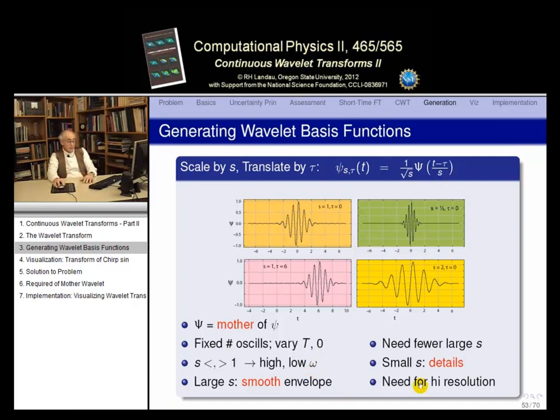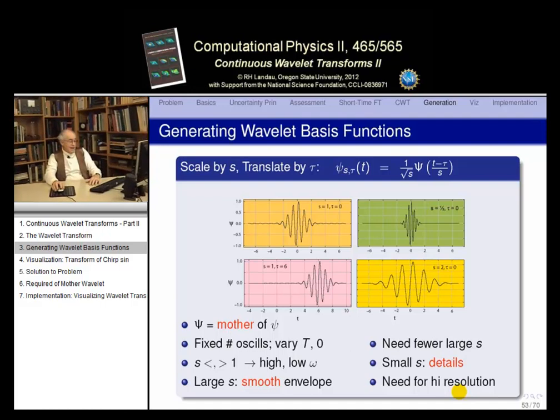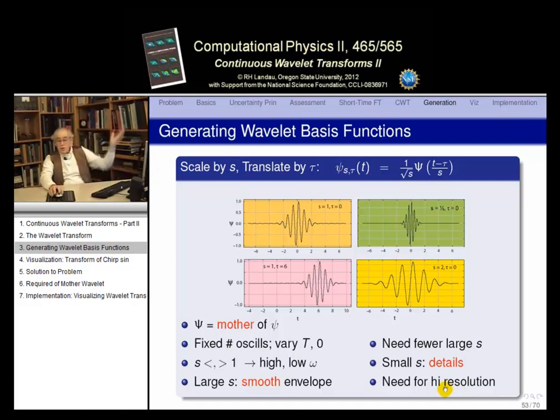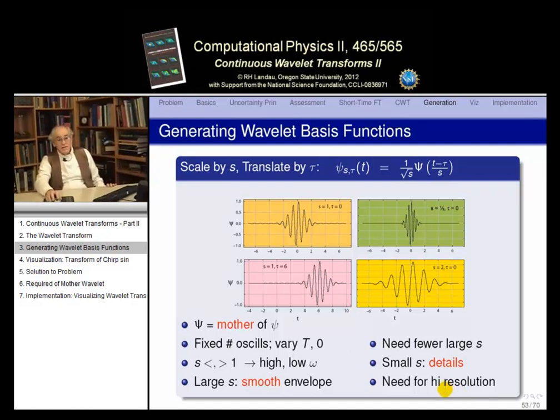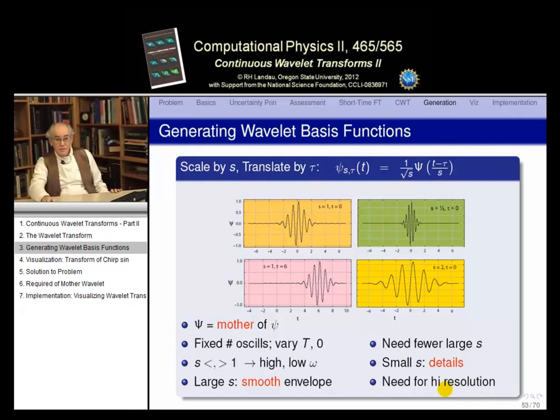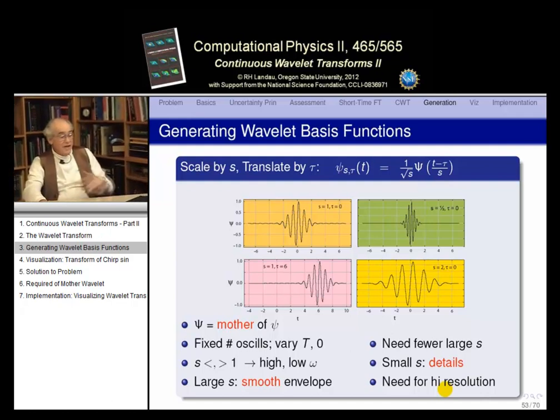Changing the resolution is how many small s details. If you tell me I'm going to print this up on a postage stamp, I don't need many details. I don't need all those small s numbers. You just throw them away. The big S stuff doesn't change. It looks just as good. If I want all the details, then I need more small s.